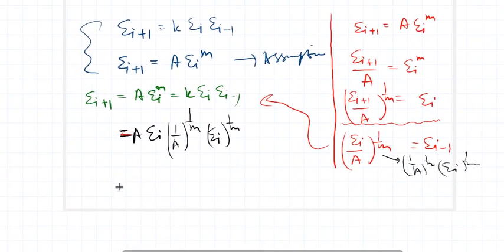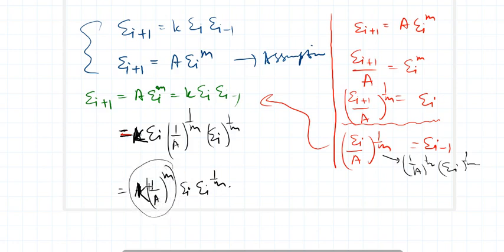So it is equal to, sorry, not a, it is k, yeah, k times 1 over a raised to power 1 over m, epsilon i and epsilon i raised to power 1 over m. Because both k and 1 over a raised to power 1 over m are constants, let us call it c.